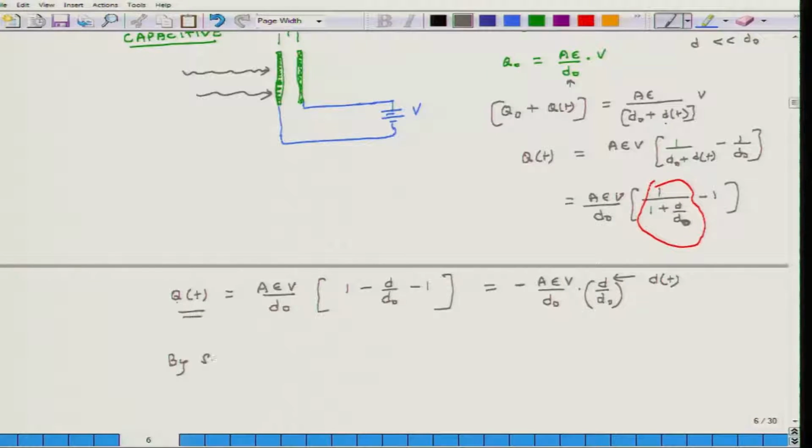Okay. So based on that, by sensing q, I can measure dt, and from that I can measure pt. Okay, I can measure pt.